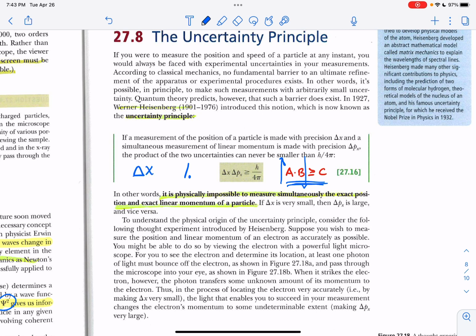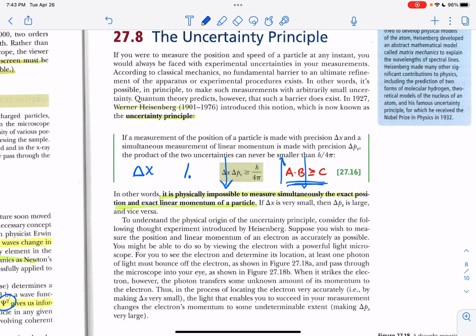If you want to know the position really, really accurately, with very little plus or minus room for error, then you want as small a delta X as you can get. The wiggle room of uncertainty in the position of X, you want to be very, very small.